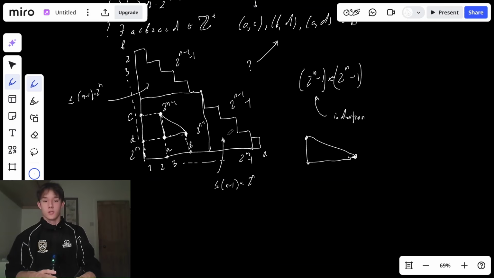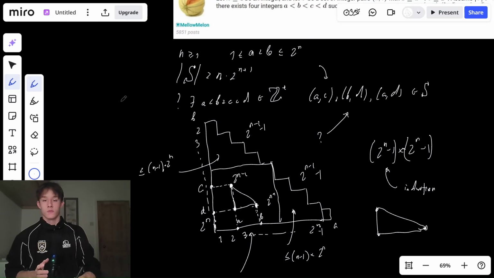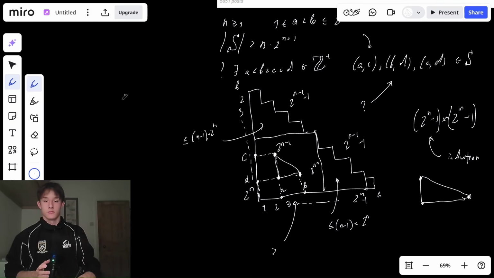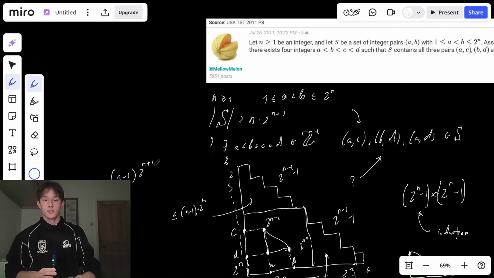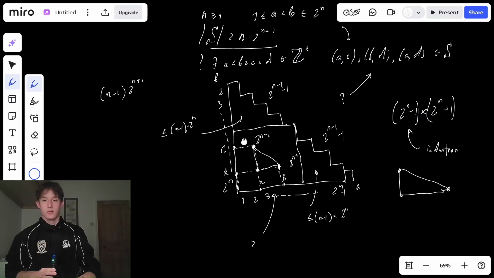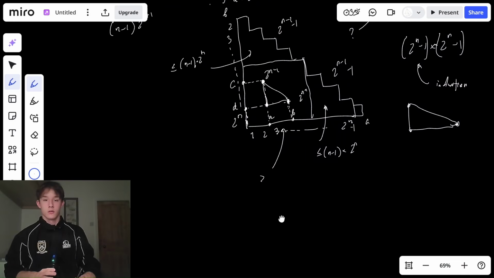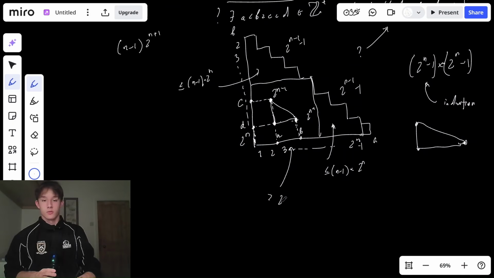And since we already cut off these triangles, we know that inside the square there is greater than the sum of n minus 1 times 2 to the power of n and n minus 1 times 2 to the power of n, which is n minus 1 times 2 to the power of n plus 1. And since we want s to be greater than this, then we know that inside the square there's greater than 2 to the power of n plus 1 points.